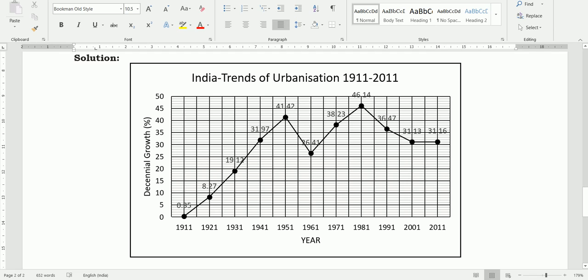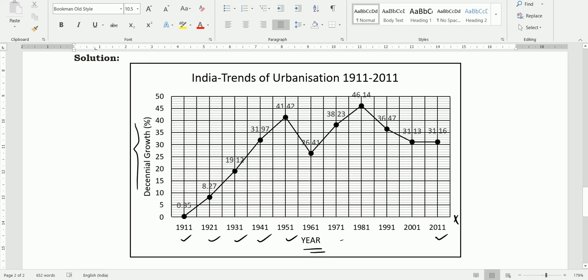Along the x-axis we are representing years, the different decades from 1911 to 2011. And along the y-axis we have the decennial growth in percentage.